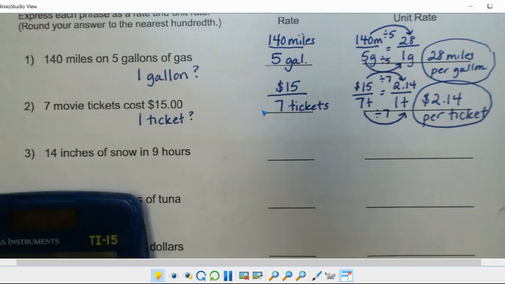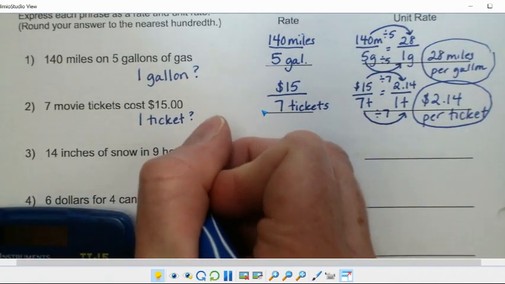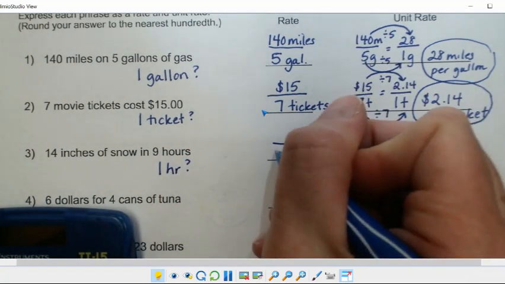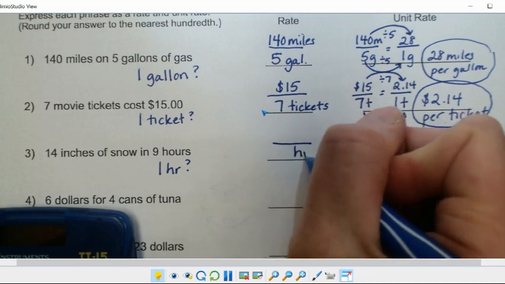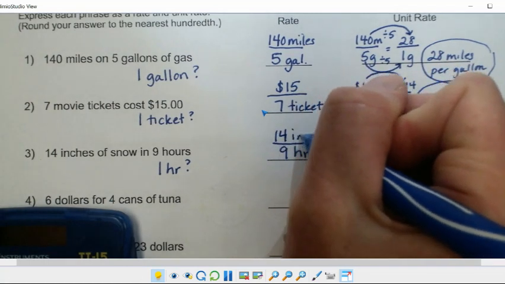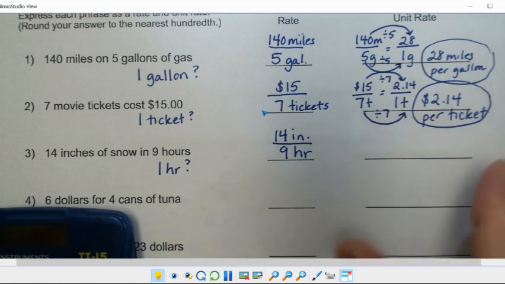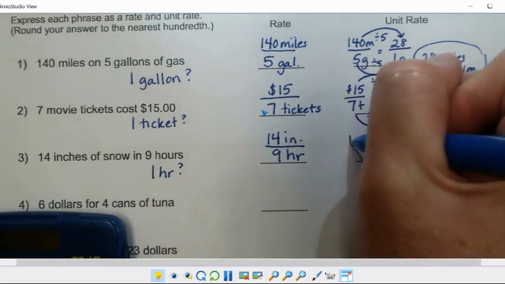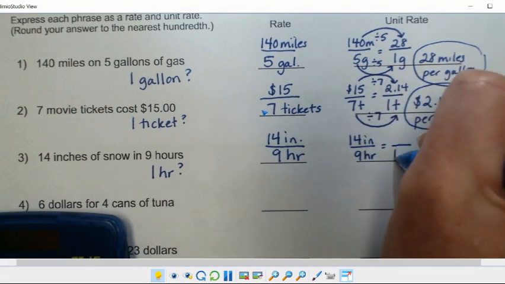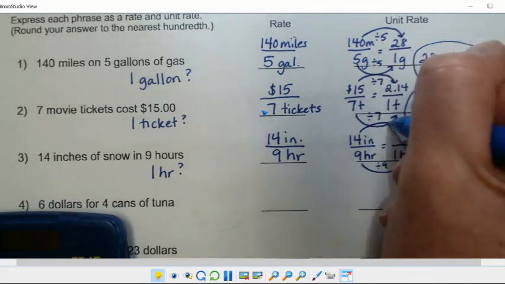All right, 14 inches of snow in 9 hours. I want to know how much in 1 hour. So hours would be my denominator: 9 hours, and then 14 inches. I want to know what 1 hour is, so you should have divided by 9.